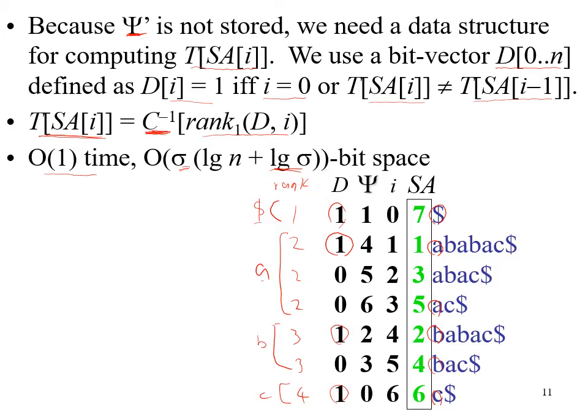Sorry, we store D, but because this is also a sparse vector, we can compress it.